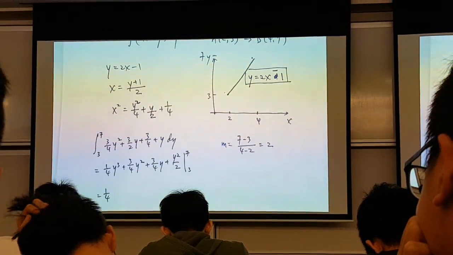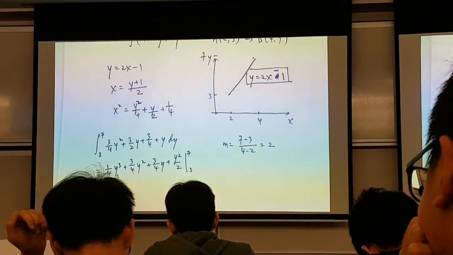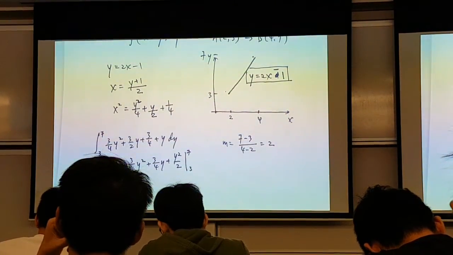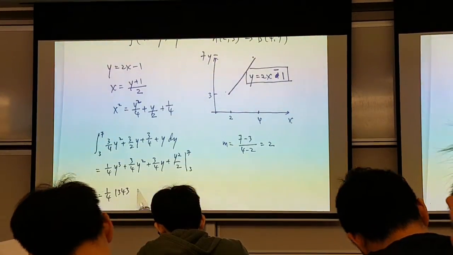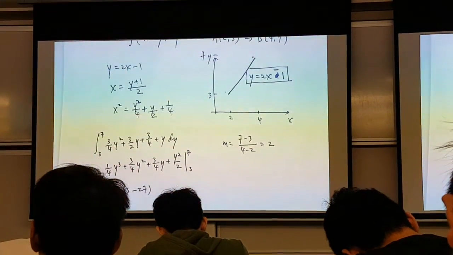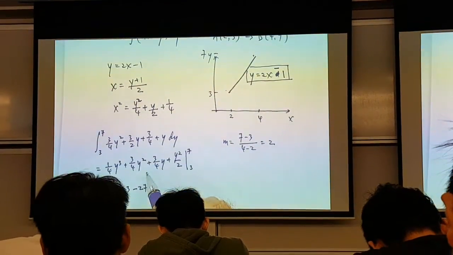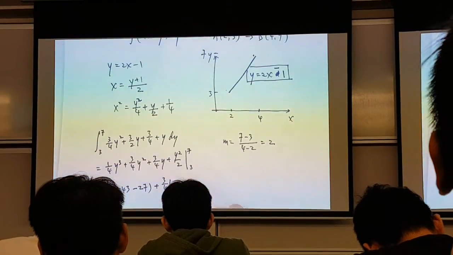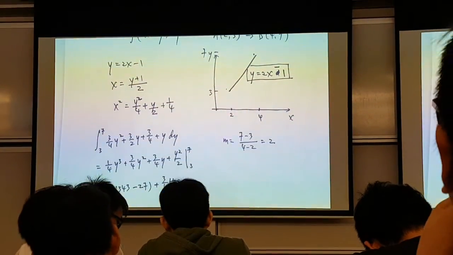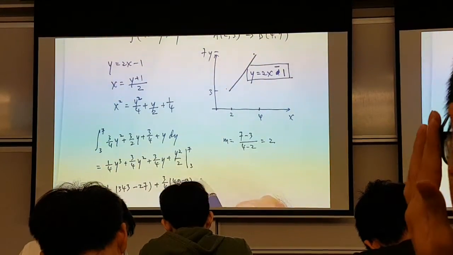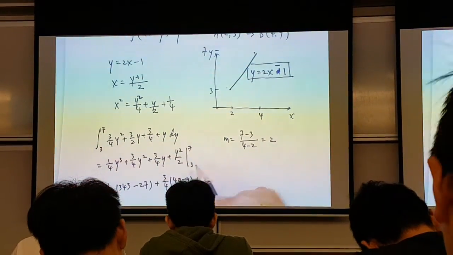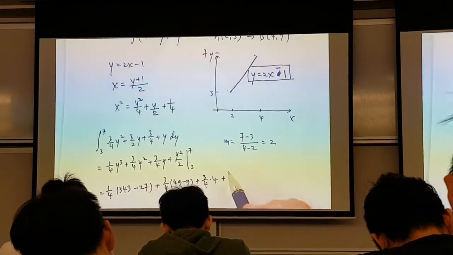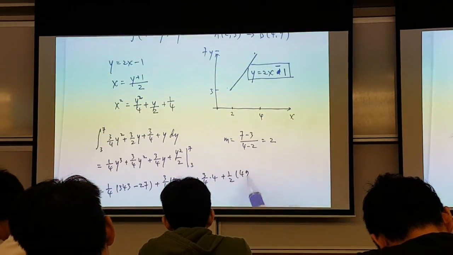So this is 1/4 of 7 to the power of 3, minus 3 to the power of 3, which is 27. Likewise for this, it's going to be 3/4 of 7 squared, which is 49, minus 9, and then 7 minus 3 is 4, so 3/4 times 4, and the last one is half of your 49 minus 9.